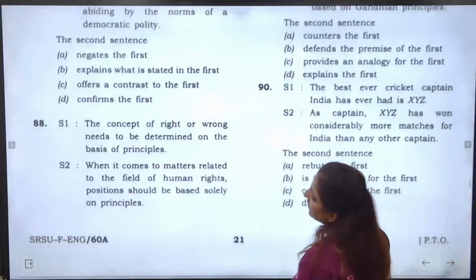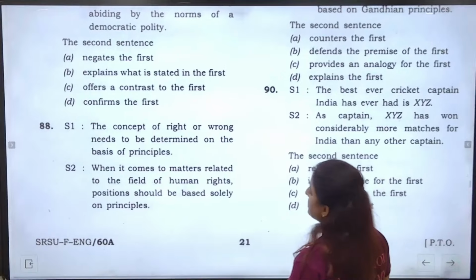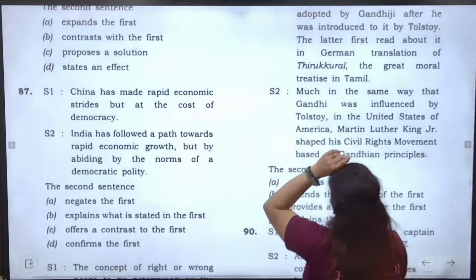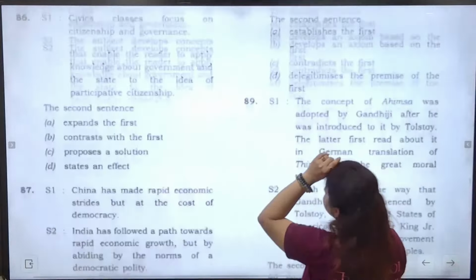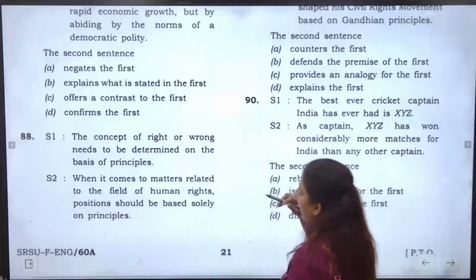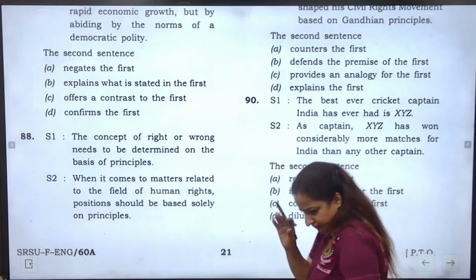ओके फाइन। Question 88, let's read question 88. Options I think यहाँ पे हैं, anyways we'll read from here.